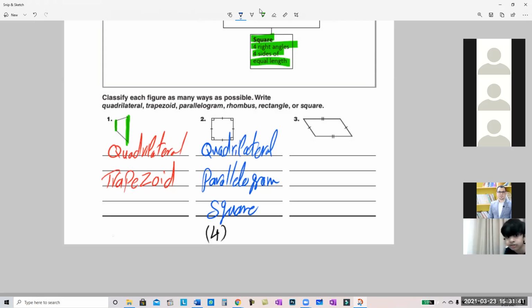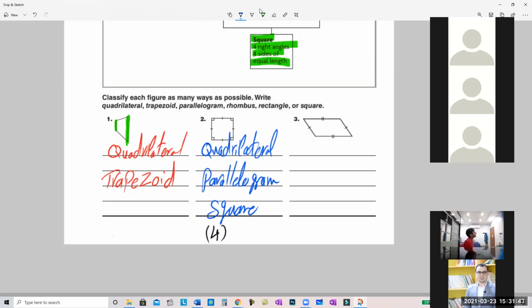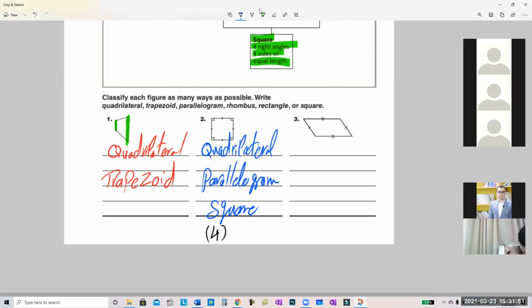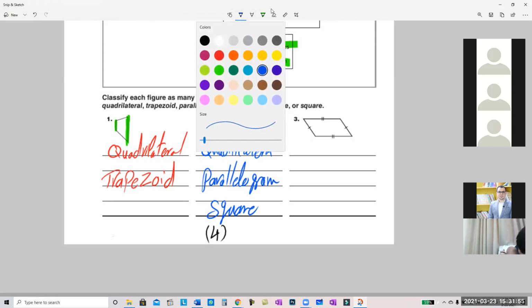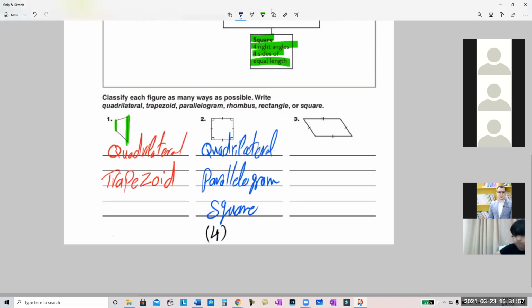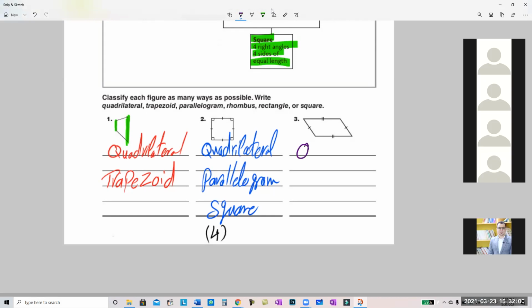Okay, what about my lord, the lord of math? Okay, what about the next one? The next one is a quadrilateral. Yeah, quadrilateral, and a parallelogram.